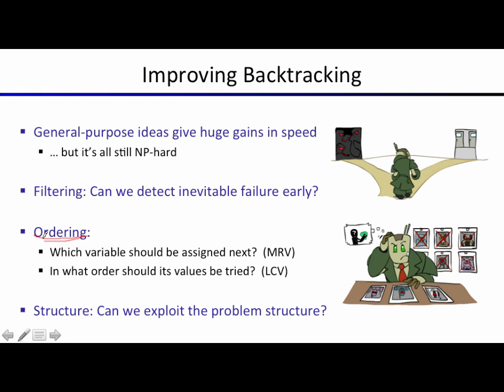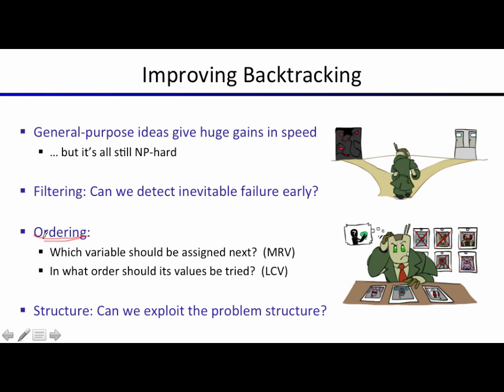So far we've talked about eliminating things and making sure that we detect failures early. Now we've gone through this backtracking search, and we've picked some ordering of the variables. But we weren't really smart about which ordering we're picking, right? We weren't really smart about which variable should go first, and given that I've done this variable, which variable should go next?